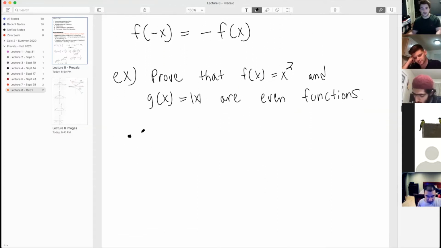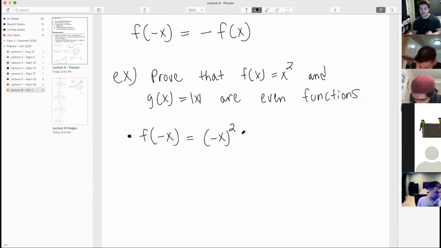First, let's do x squared. So let me examine f of negative x. By definition, that just means I'm plugging negative x into the x squared function. All right, is everyone okay with how I got that? I'm just plugging in negative x into x squared, but a negative number squared is equal to the positive version of that number squared. That's the same as x squared, right?